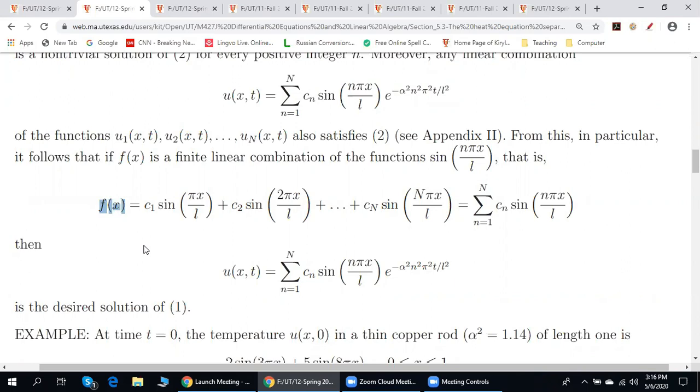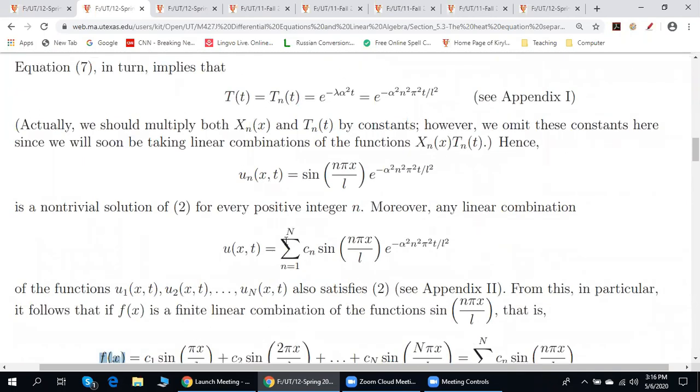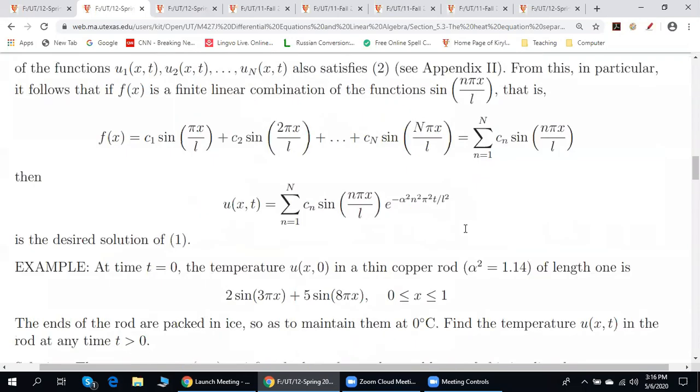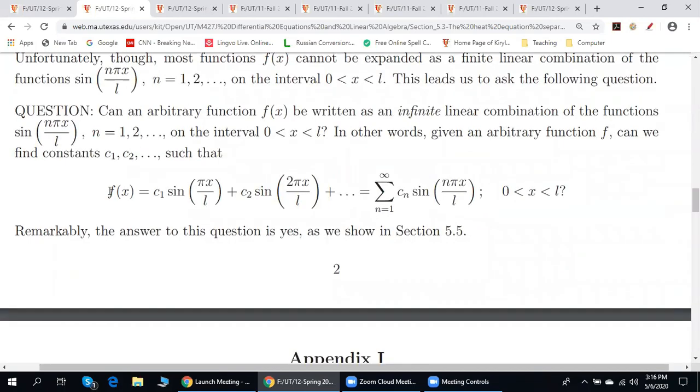Here is the answer. It turns out that over here, we can replace capital N by infinity, which means instead of a finite sum, let us consider an infinite series. It's exactly what we have on the bottom on page 1.